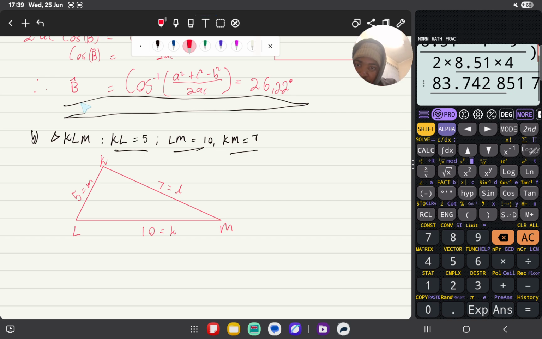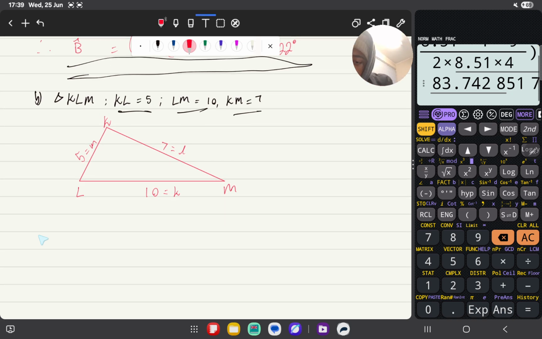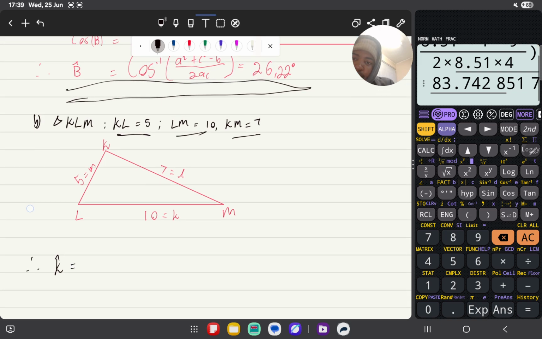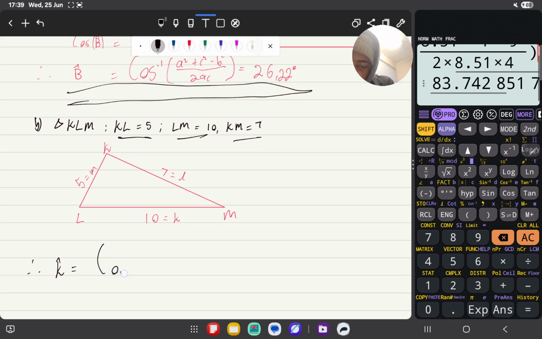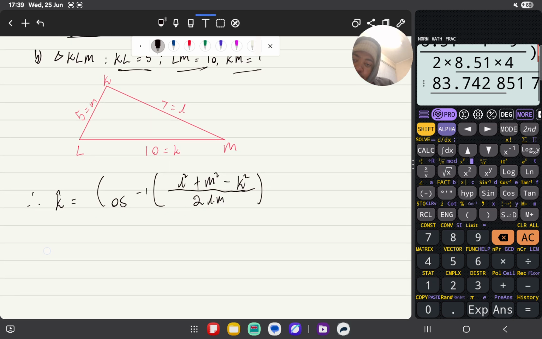So from there I can just copy exactly this and be like, okay, therefore angle K is equal to cos inverse of L squared plus M squared minus K squared, then this is 2LM. Then we close it. Do you see it? From just copying this, right? Yeah.